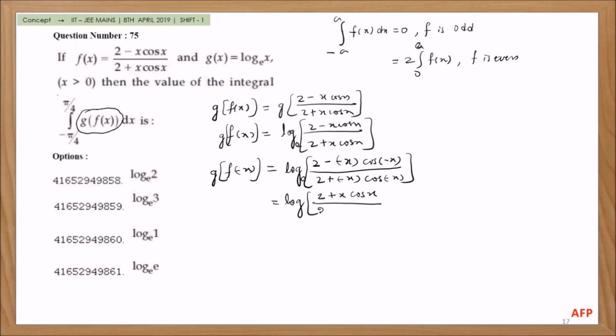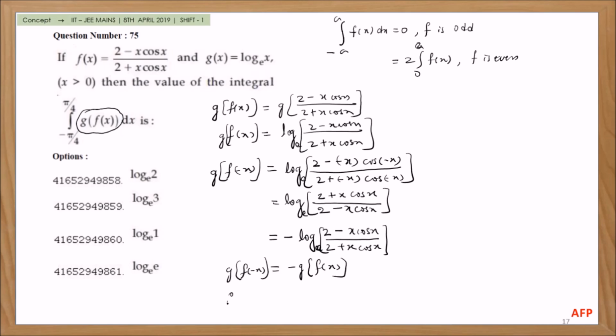If I take the negative sign outside, the numerator and denominator are reciprocal. The same function we got is nothing but minus of g of f of x. Therefore g of f of x is an odd function.